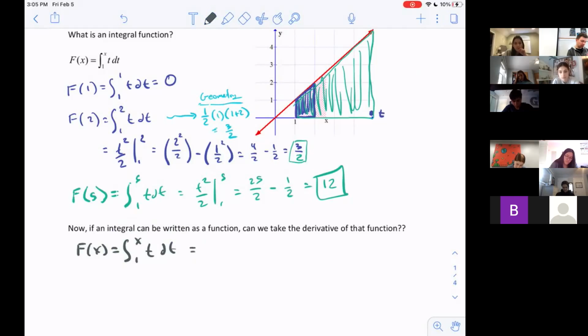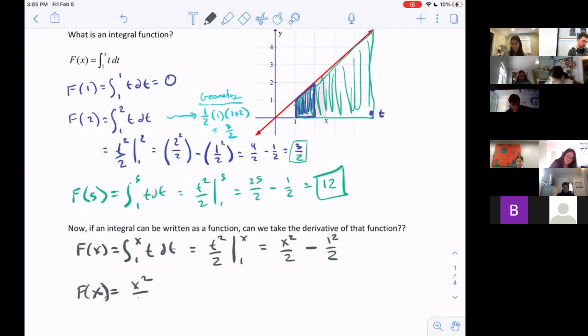So I'm going to do my definite integral, t squared over 2, evaluated from 1 to x, instead of 1 to 4, 1 to 5, it's 1 to x. And so I plug in x first, x squared over 2, subtract, plug in 1 squared over 2. So I now have that F of x, if we evaluated the integral, is equal to x squared over 2 minus a half.